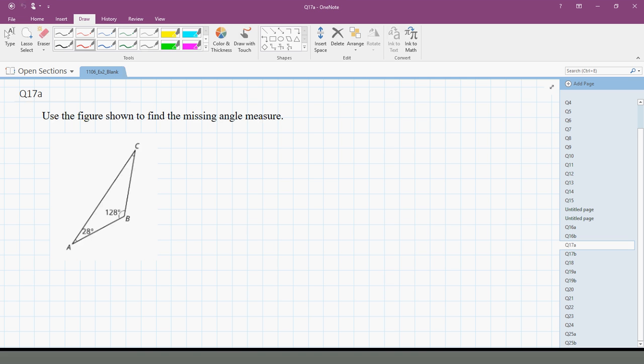How can we figure out what angle C is? 128 plus 28. Now multiply. Yeah. Take these two angles, add them up, and then what are you going to do?